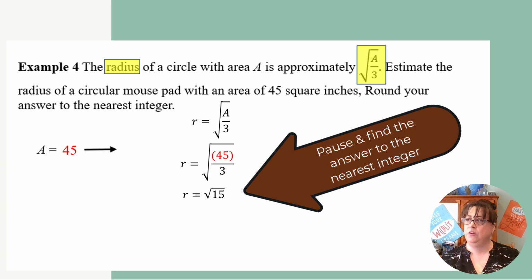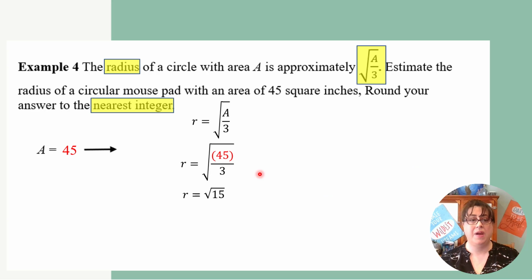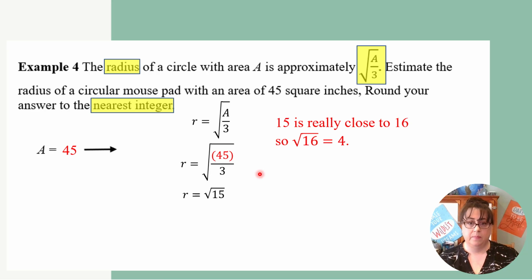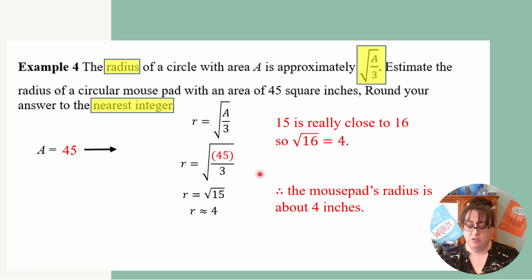So what do I do from here? Well, I'm rounding to the nearest integer. So I know that 15 is really close to the perfect square of 16. So the square root of 16 is 4, and so I'm going to call that good enough. Which means then that the mouse pad's radius is about 4 inches.